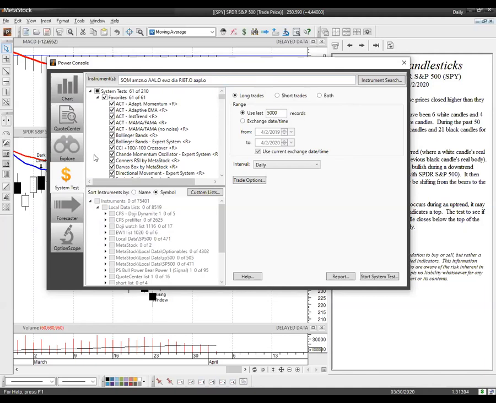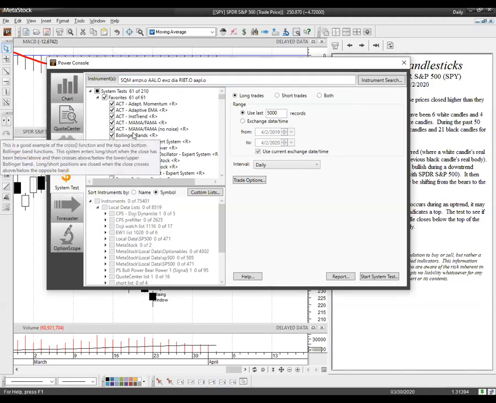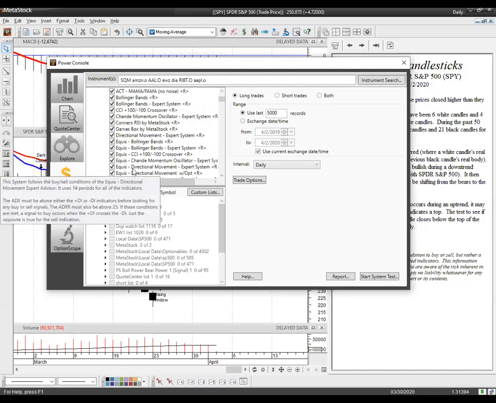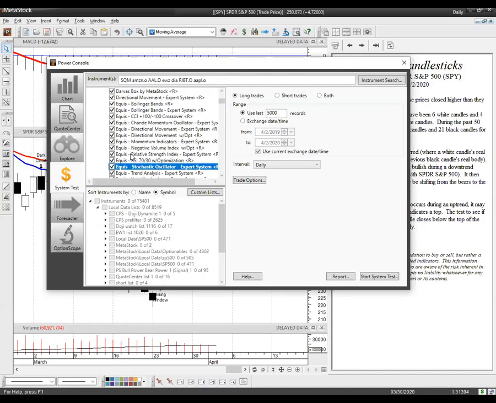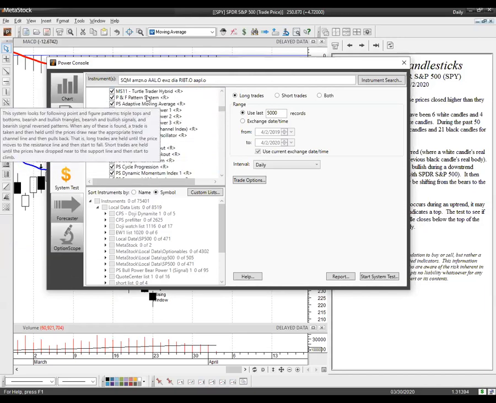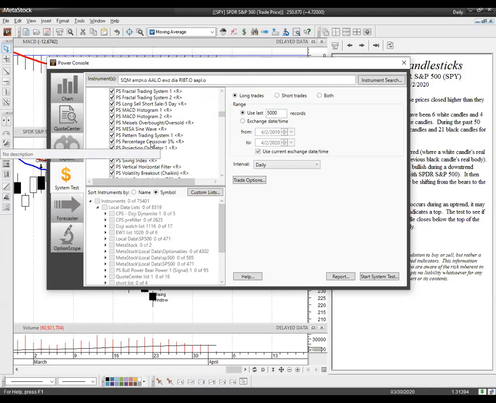So what I'm doing here is testing 61 systems that are built into MetaStock. You've got adaptive momentum, Mama Fama if you've heard of that system, a Bollinger Band system, CCI, Connors RSI. There's a turtle trading system right here. The idea is to figure out what works so we can focus our attention and energy on what's actually working in the market.